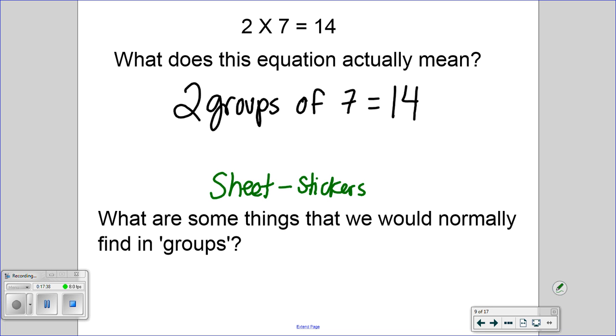What else could we do? Parker? Giraffes. Okay, groups of giraffes, or really any animal.